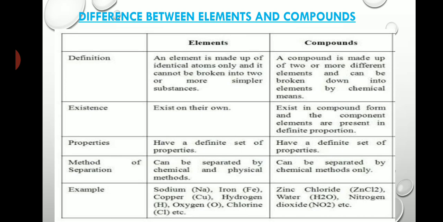It can be separated only by chemical means, not physical means. Examples of elements are sodium, iron, copper, hydrogen, oxygen, chlorine, etc. Examples of compounds are zinc chloride, water, nitrogen dioxide, magnesium oxide, etc.